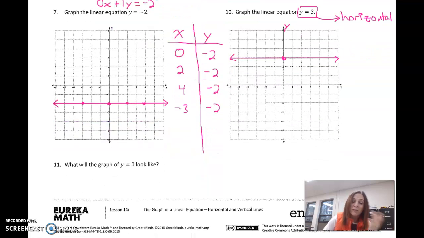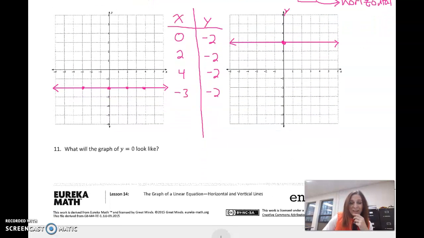So what will the graph of y equal to 0 look like? Well, remember what I just said: y equals, it's going to be horizontal. Sorry, that's very sloppy writing. And so if we draw a horizontal line through where y is 0, that's going to be the x-axis.